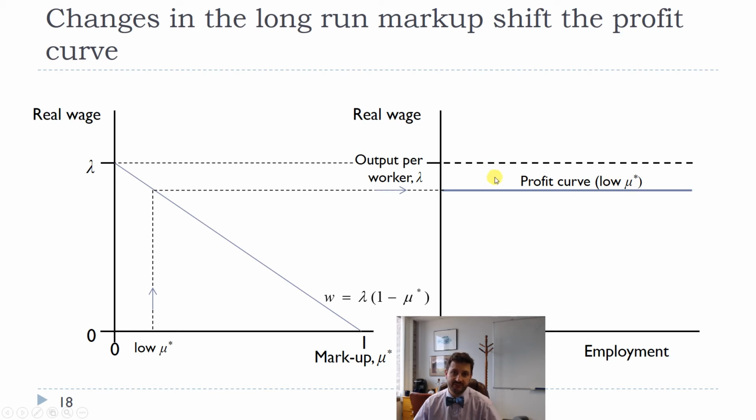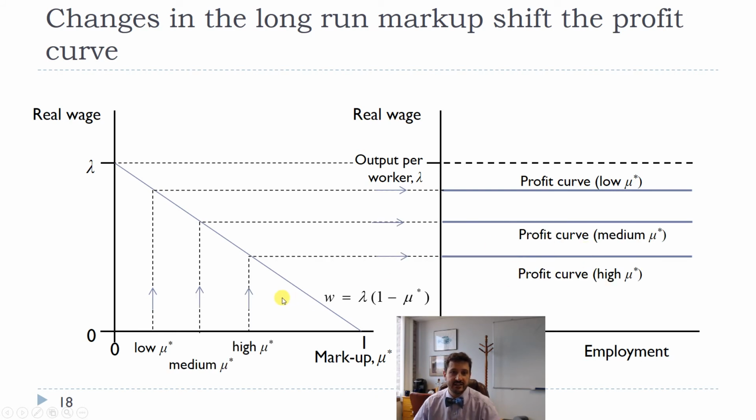Remember, the profit that the firm gets is the difference between output per worker, this dashed line at the top, and the profit curve. It's not from the bottom to the top, it's from the top to the bottom. As the markup increases, the profits go up. So we have a low profit curve, a medium profit curve, and a high profit curve. And as profits are going up, the real wage is going down. This is all about splitting the pie between workers and firms.